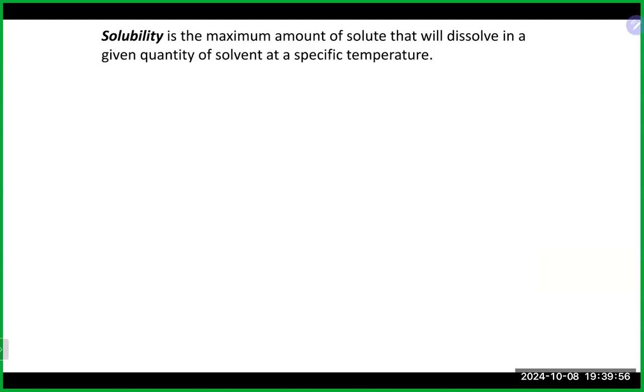Solubility is the maximum amount of solute that will dissolve in a given amount of solvent at a specific temperature. When we talk about things being aqueous, that's pretty much the definition of something being a solution. And a solution is a homogeneous mixture. That means that everything looks the same throughout.